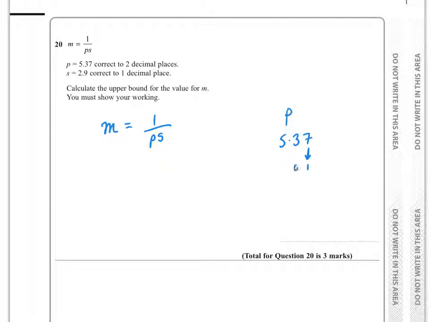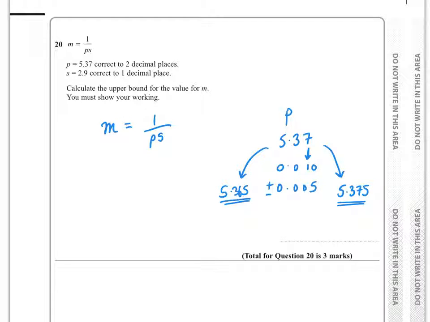So I take 1/100th and I halve it, and I add 0.005 to 5.37, and I take 0.005 from 5.37 to get the upper and lower bound. So we would have the upper bound to be 5.375. Some people like to use 5.3749 recurring and write that down, that's fine. Or as low as 5.365.